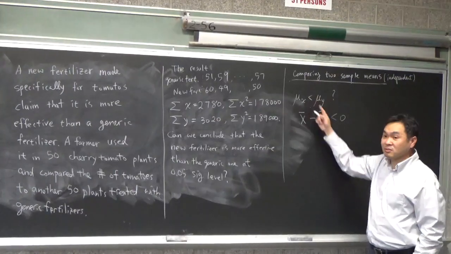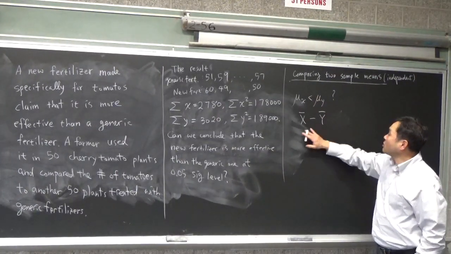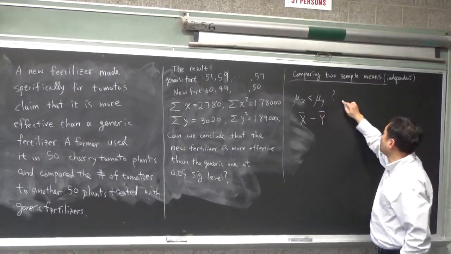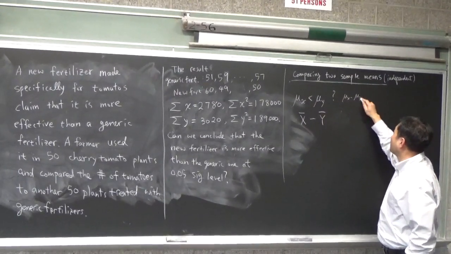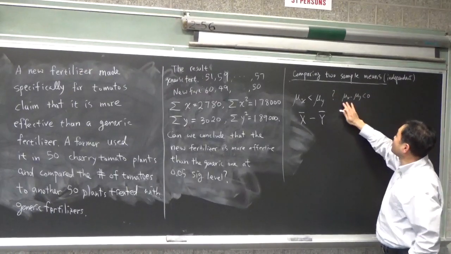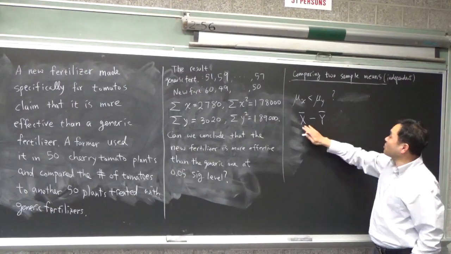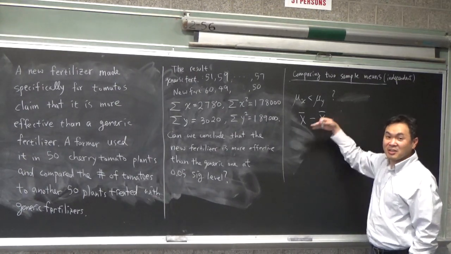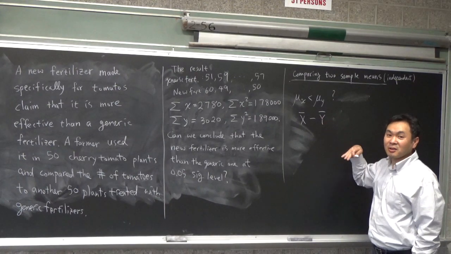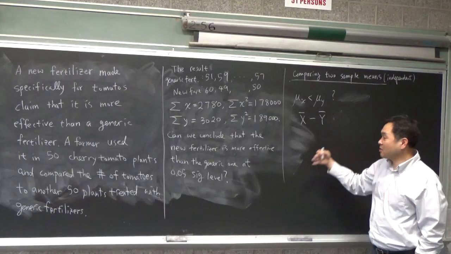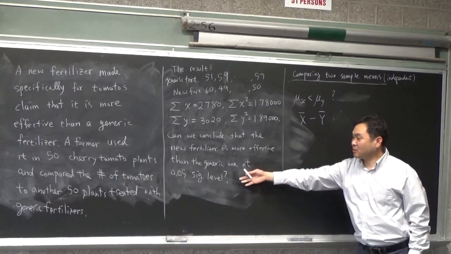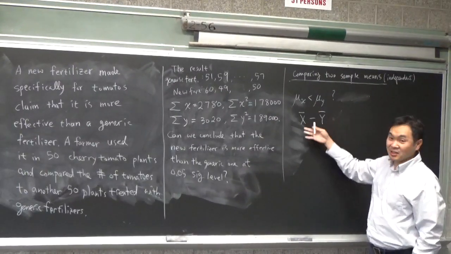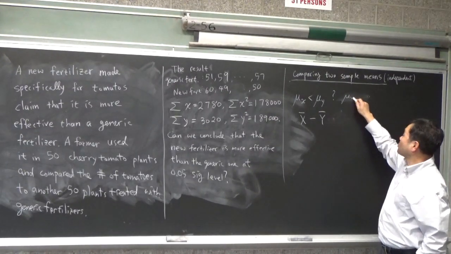We want to show that mu x minus mu y is negative, right? To show this, we have to show that this is negative, and strongly negative enough that with a certain level of significance, you can say that it must be negative.